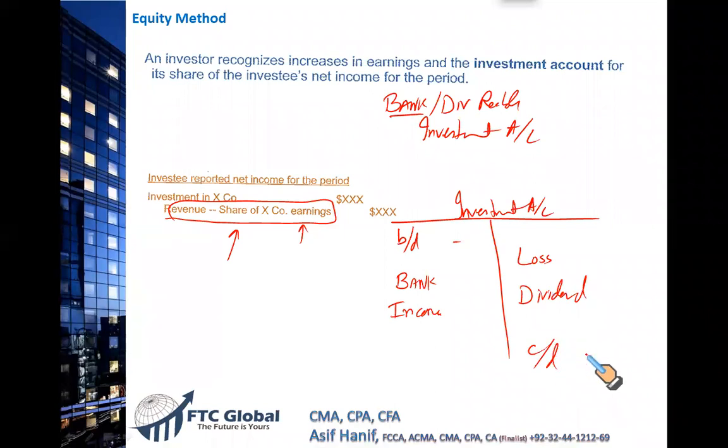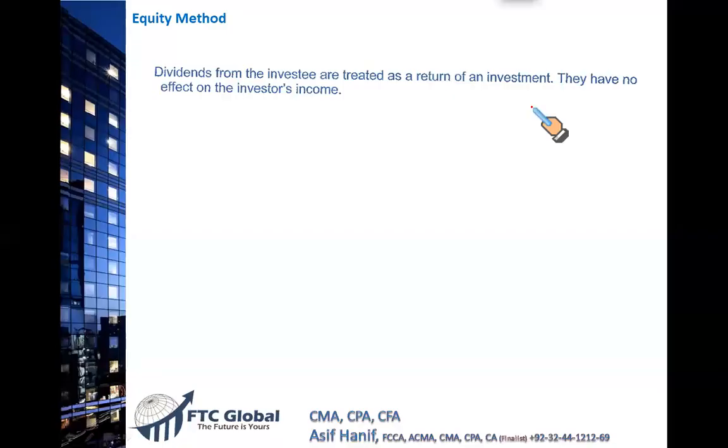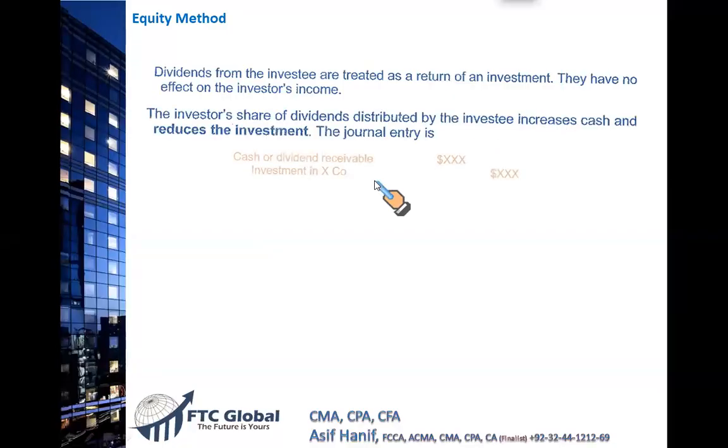This format will help you solve many questions of this type. So this is the entry. When you receive dividend, you debit cash or bank or dividend receivable, and you credit the investment. So dividend from your equity-based investment is not an income. Rather, it is credited to the investment account.